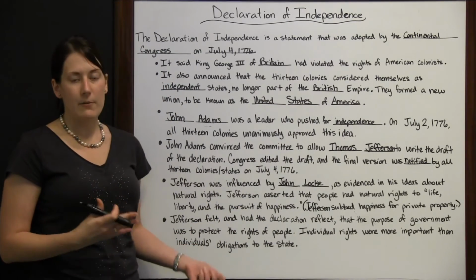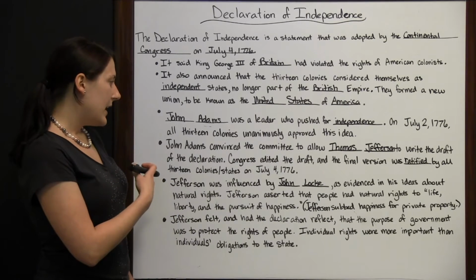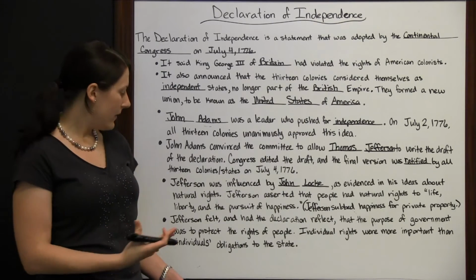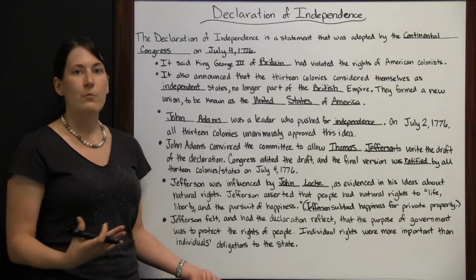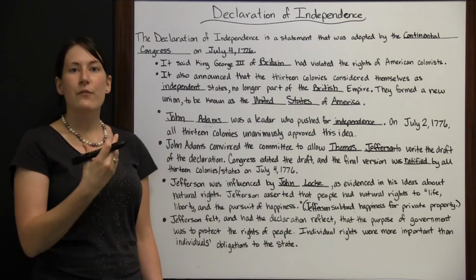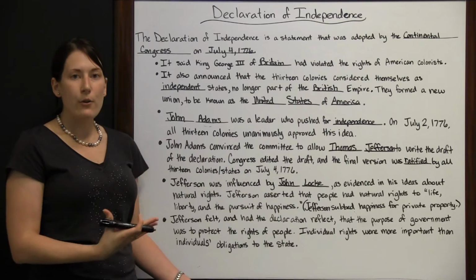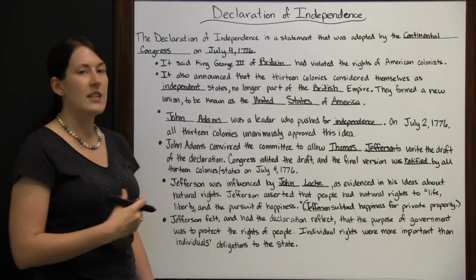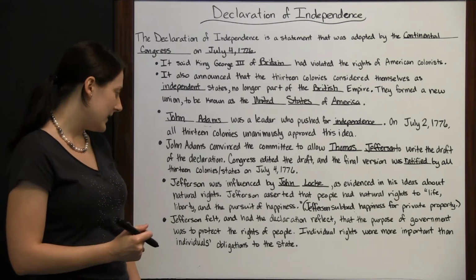While, of course, I'm sure he still meant that people could have private property, he put it in a little bit broader terms. Everyone is entitled to life. Everyone is entitled to liberty, to be free, and everyone is entitled to pursue happiness. And they felt like King George had infringed on some of those natural rights. And so Jefferson was using most of what John Locke had written whenever he wrote life, liberty, and the pursuit of happiness as natural rights that were being violated in the Declaration of Independence.